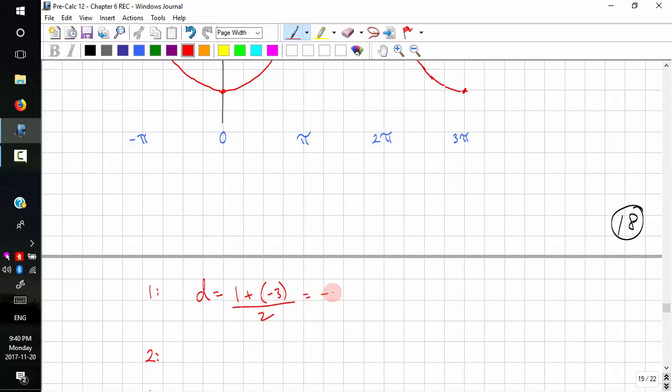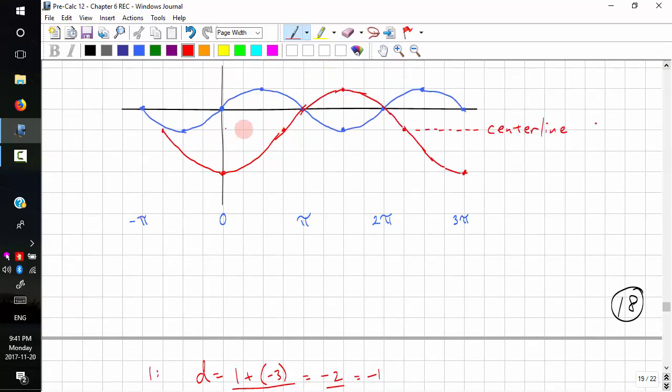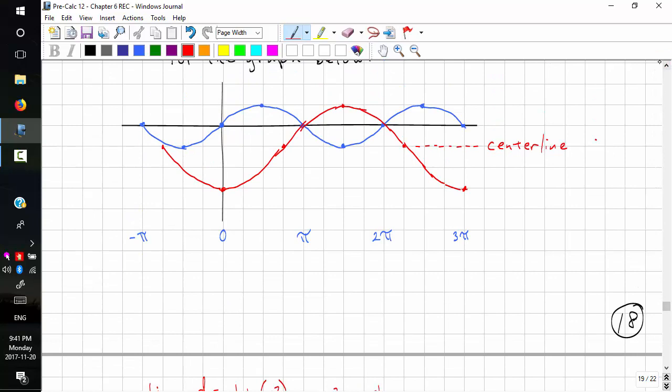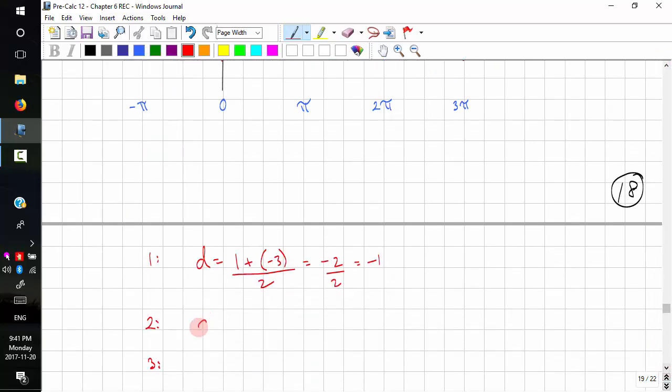This is negative 2 over 2, and this is negative 1. And visually, we see that this is at negative 1. Our amplitude, we can do our max minus the center line. A equals max minus the center line, and that's 1 plus 1, and that's 2.